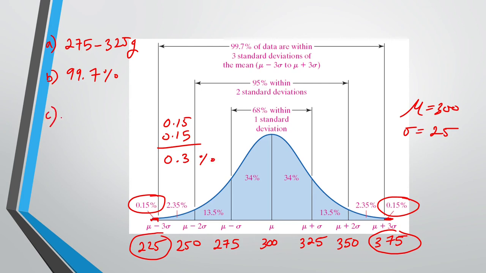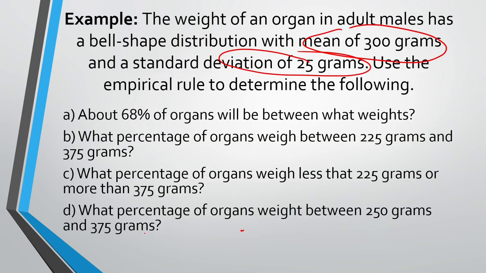So for part C, we know 0.3% of organs are going to be less than 225 grams or greater than 375 grams.